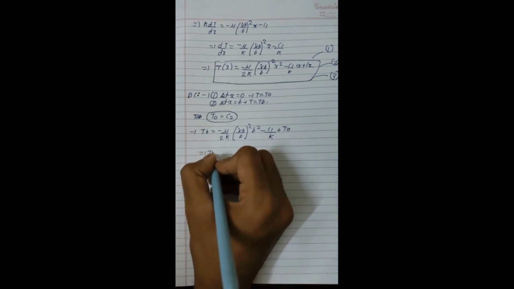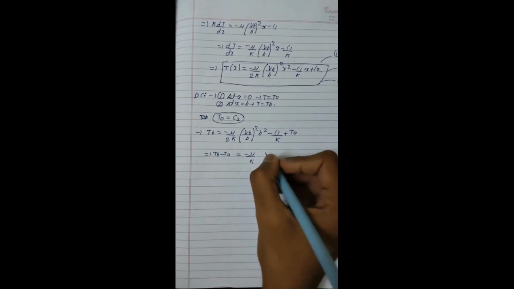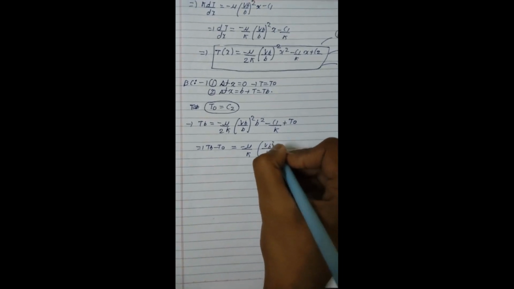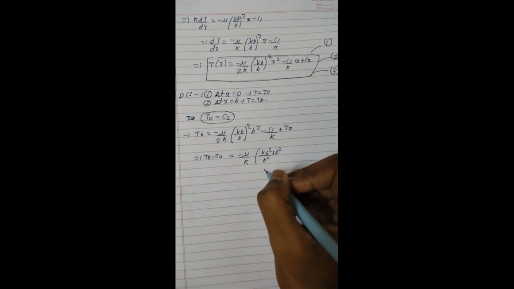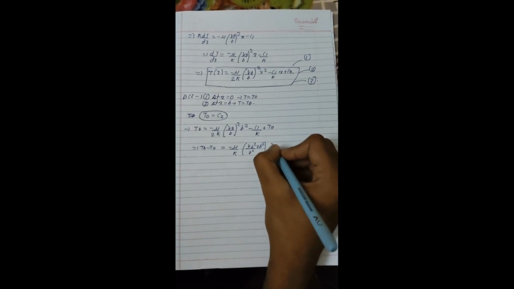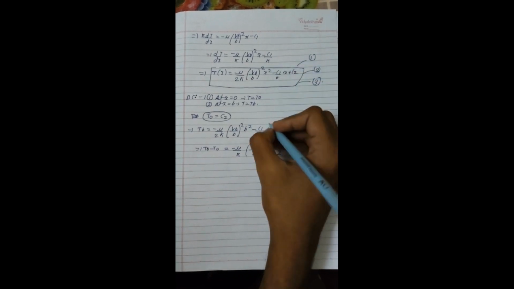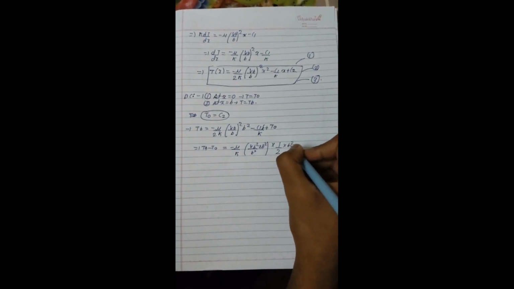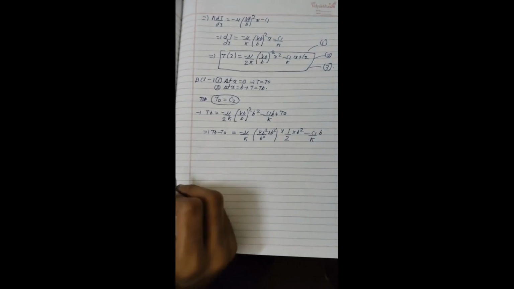We can write this here, TB minus T naught is equal to minus mu upon k (VB upon B) square into B square into 1 by 2, into B, I guess it's B here, so it's B into B square as well. Now minus C1 upon k into B. This is what we have got.